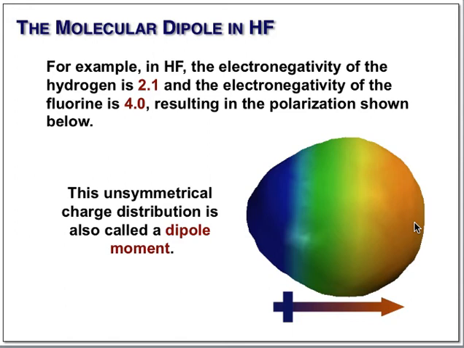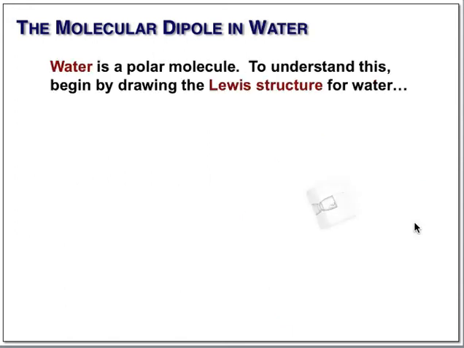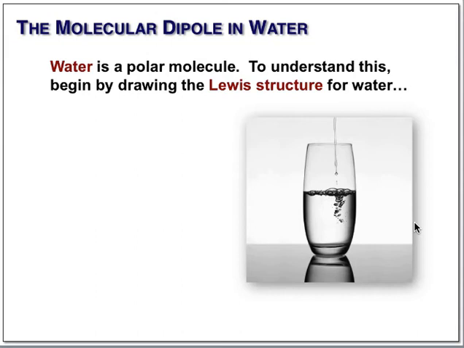Okay, let's look at water. Let's start by drawing the Lewis structure. Oxygen is group 6. We'll put 2 hydrogens around it, and we'll make bonds. Now, as I've drawn this Lewis structure, I've drawn it with the 2 hydrogens on the same side.